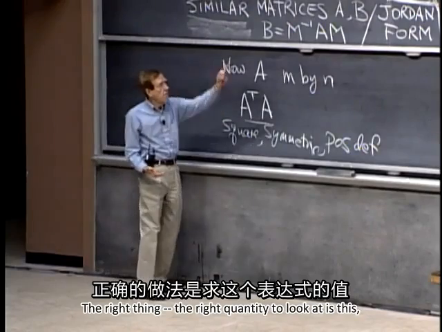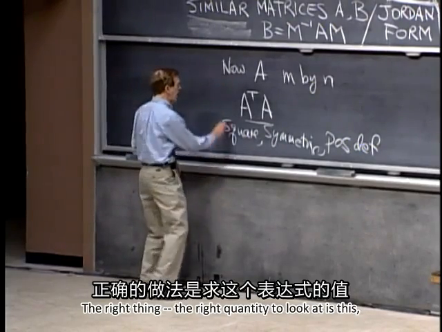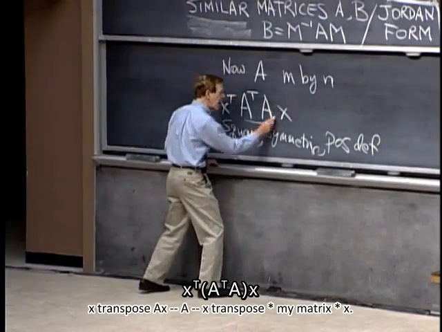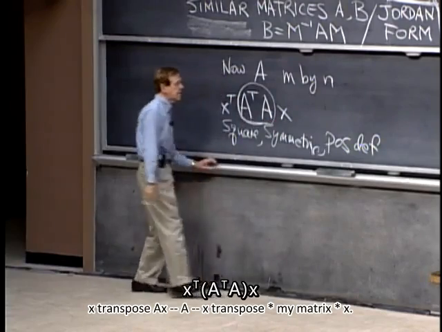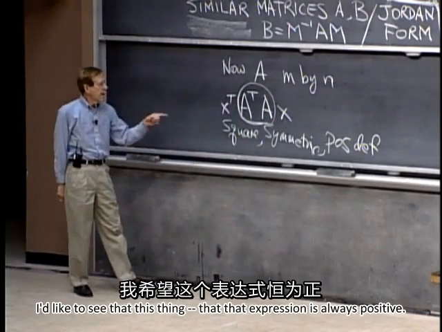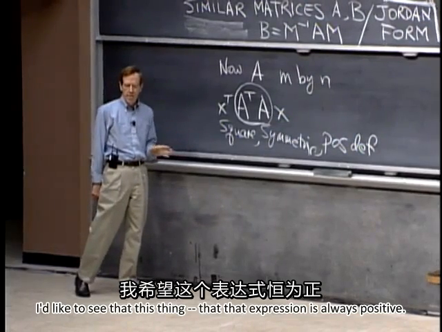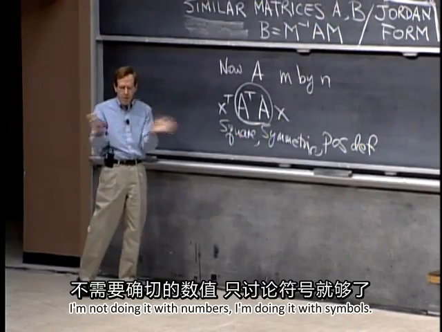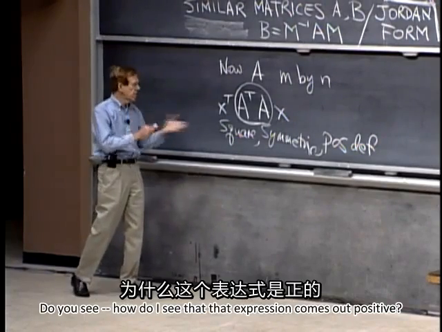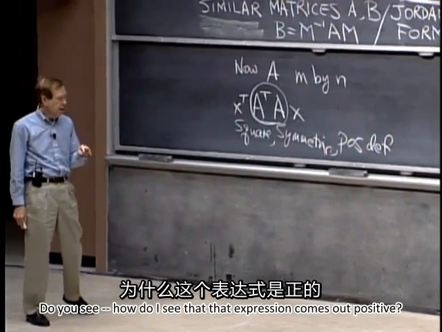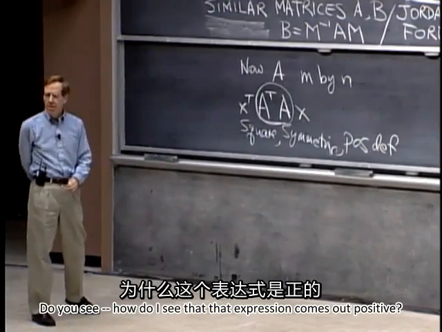The right quantity to look at is this: x transpose Ax. x transpose times my matrix times x. I'd like to see that that expression is always positive. I'm not doing it with numbers, I'm doing it with symbols. How do I see that expression comes out positive?